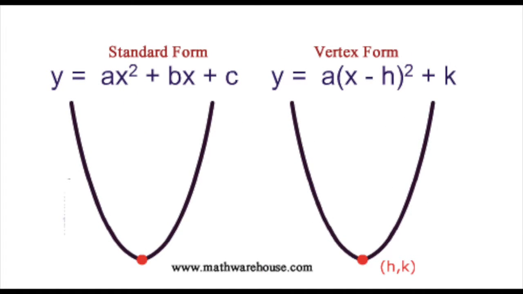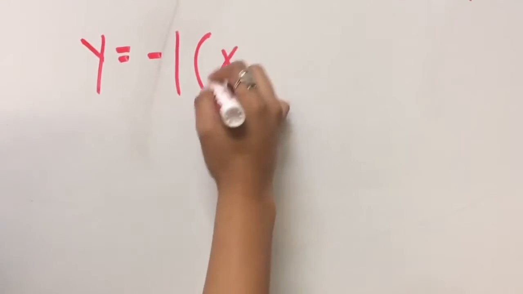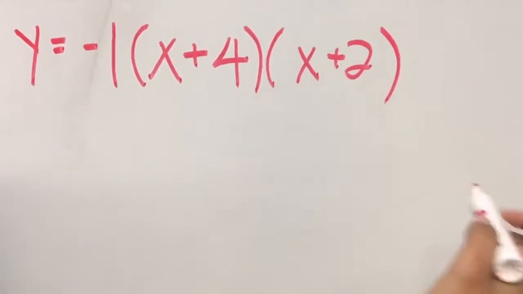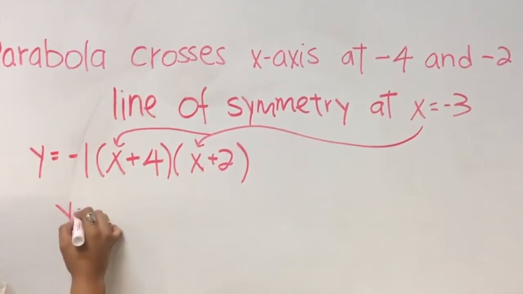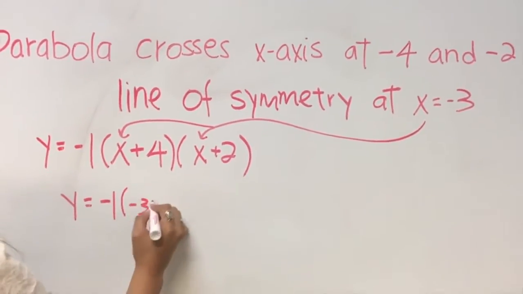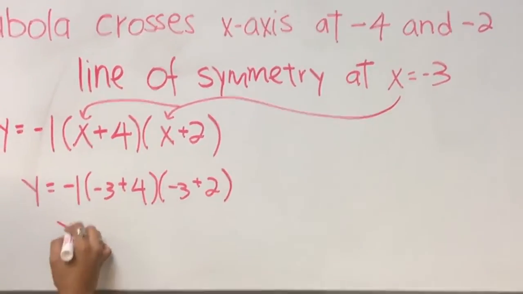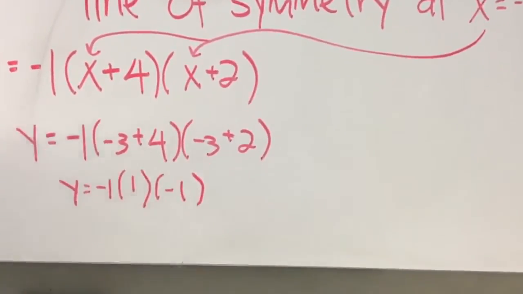To find the y value of the vertex, we simply substitute x equals negative 3 in the equation. It's probably easiest to do this in the final factored form shown above, which is y equals negative 1 (negative 3 plus 4)(negative 3 plus 2) equals negative 1 (1)(negative 1) equals 1.